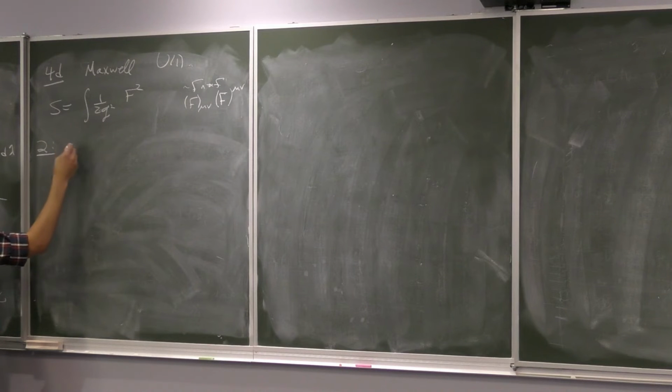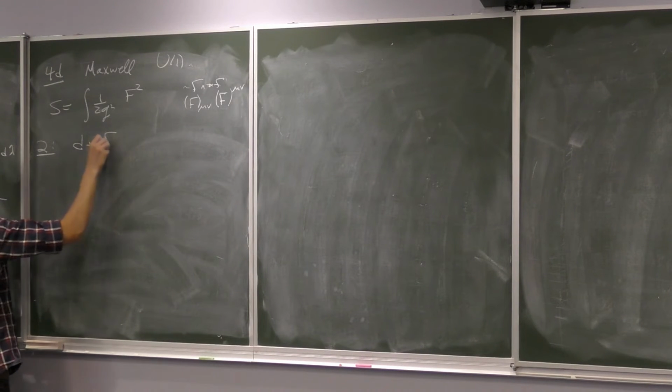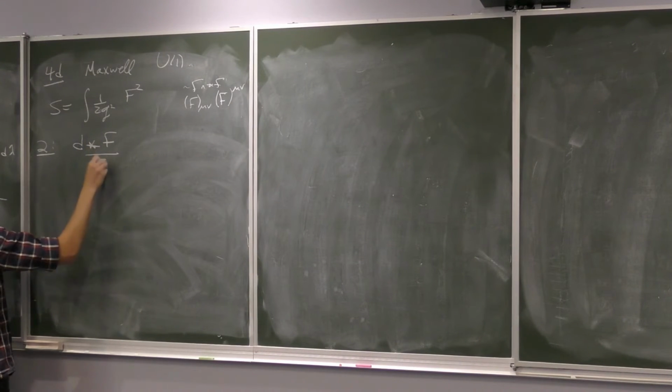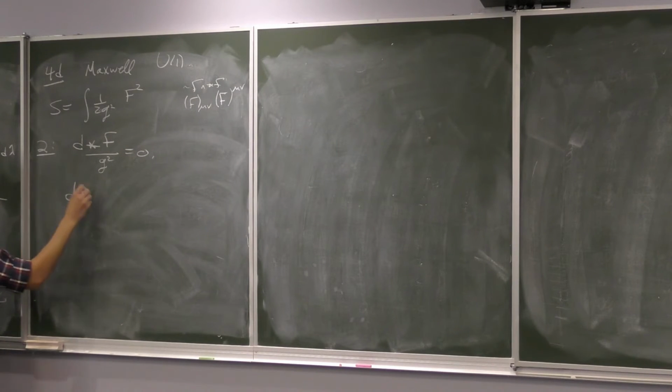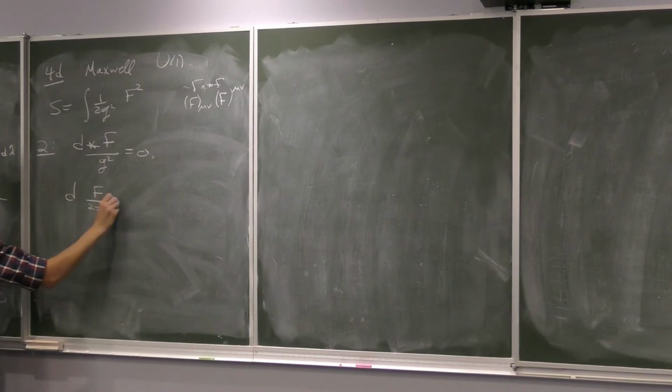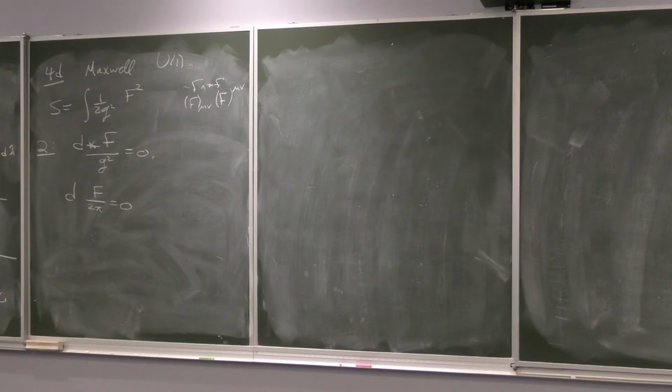The equation of motion first is d star F over g squared is equal to 0. And then there's the Bianchi equation, which is d of F over 2 pi is equal to 0. So this normalization is fixed by the action. I added this 2 pi for a reason that will be clear in a bit.